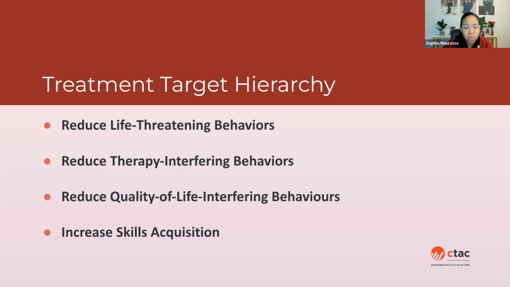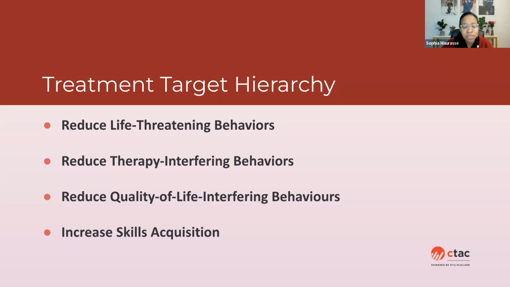We want to reduce quality of life interfering behaviors. Once we've addressed life-threatening behaviors and the therapy interfering behaviors, the quality of life interfering behaviors include things like potentially restrictive eating or even using substances that, while they may not initially pose a threat to their life, could really interfere in their capacity to maintain a job consistently or maintaining important relationships.